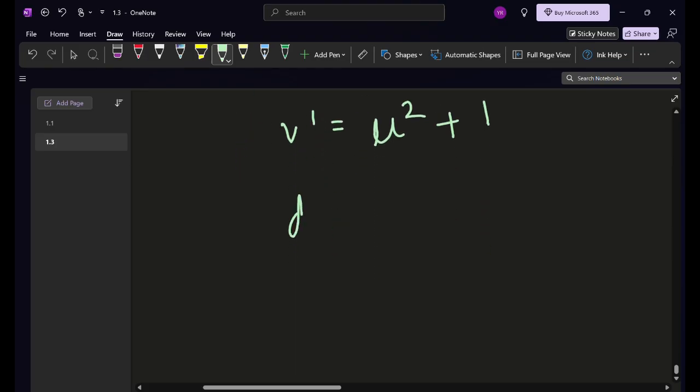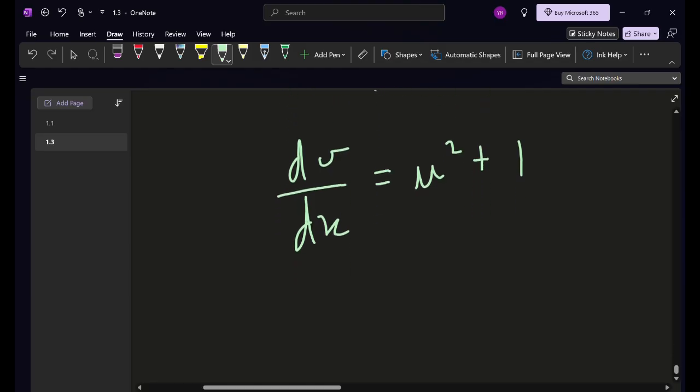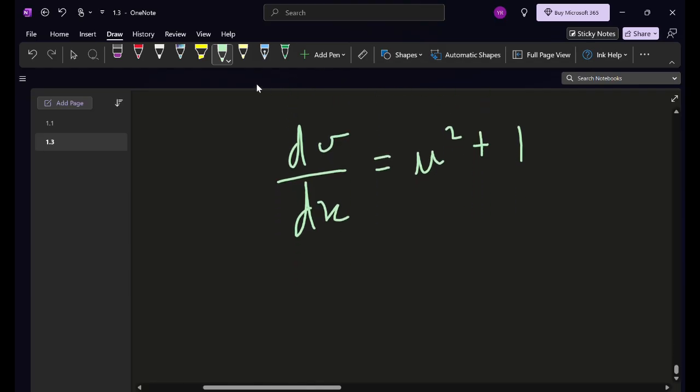This can be written as dv by dx is equal to v square plus 1, then separating.